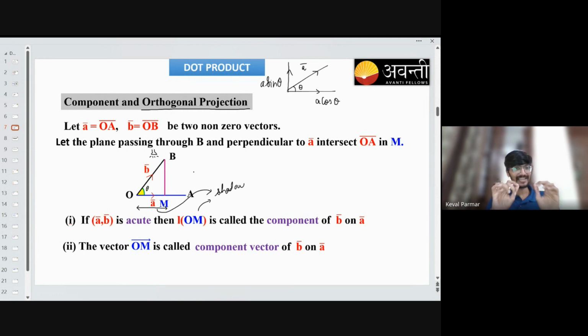And that shadow is called component. किसका किस पे है? Component of B bar on A bar. Correct, guys?